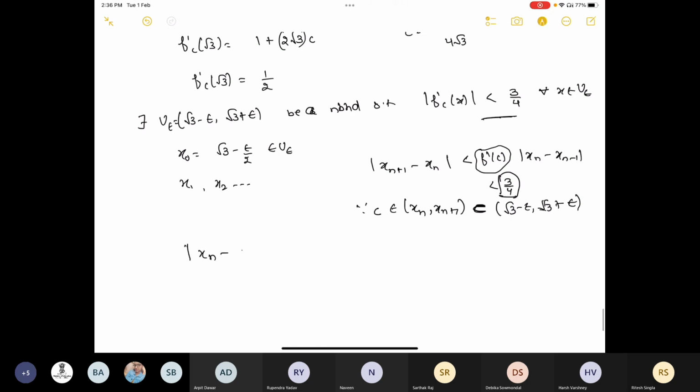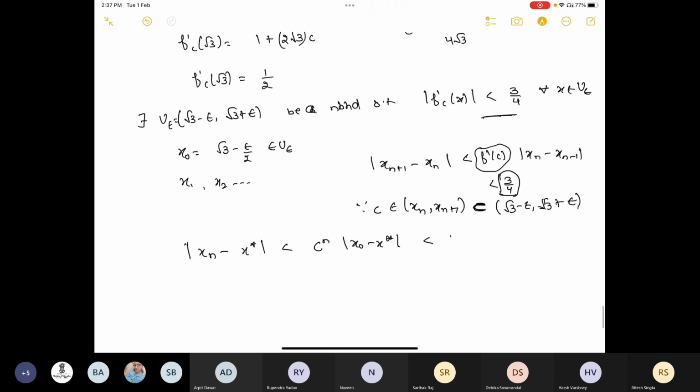Then what do we have? For certain n, mod x_n minus x star will be less than c to the power n times mod x naught minus x star, right? And we want it to be less than, at present, 10 to the power minus 2.